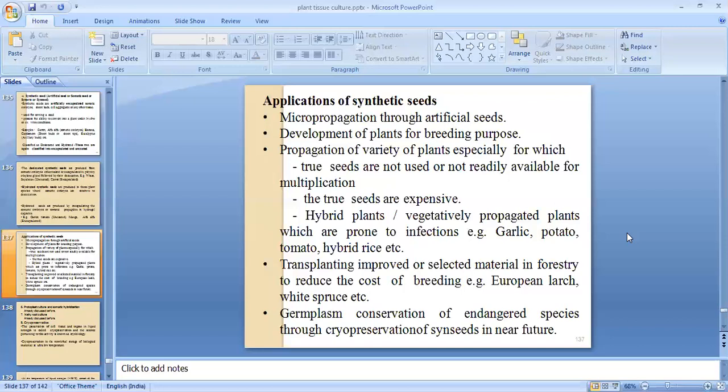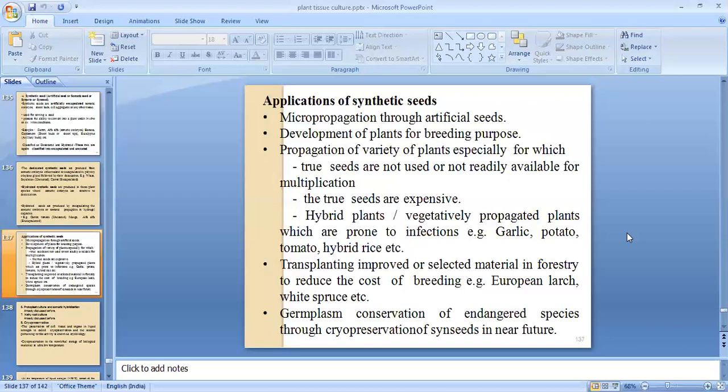And you can also transplant the improved or selected material in forestry to reduce the cost of breeding, especially the European larch and white spruce trees. When you are transplanting into the forest region, the cost of breeding is very, very high.